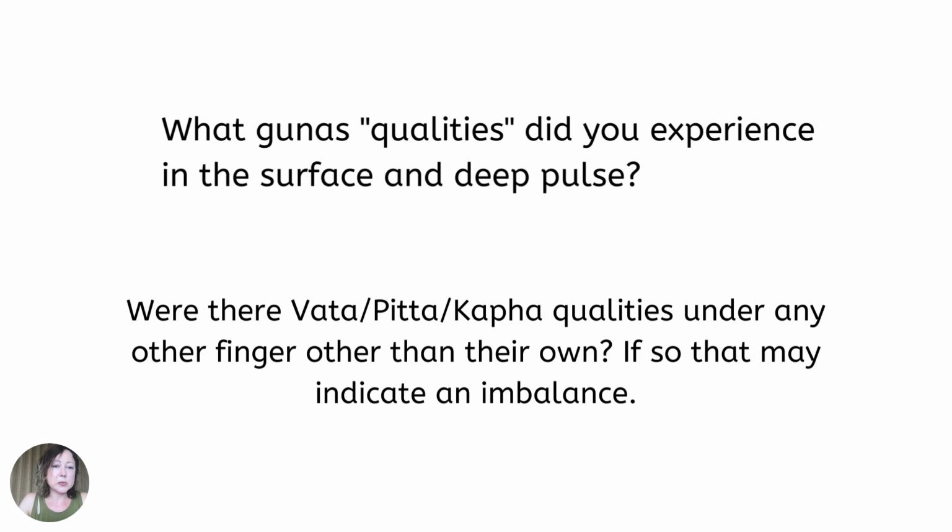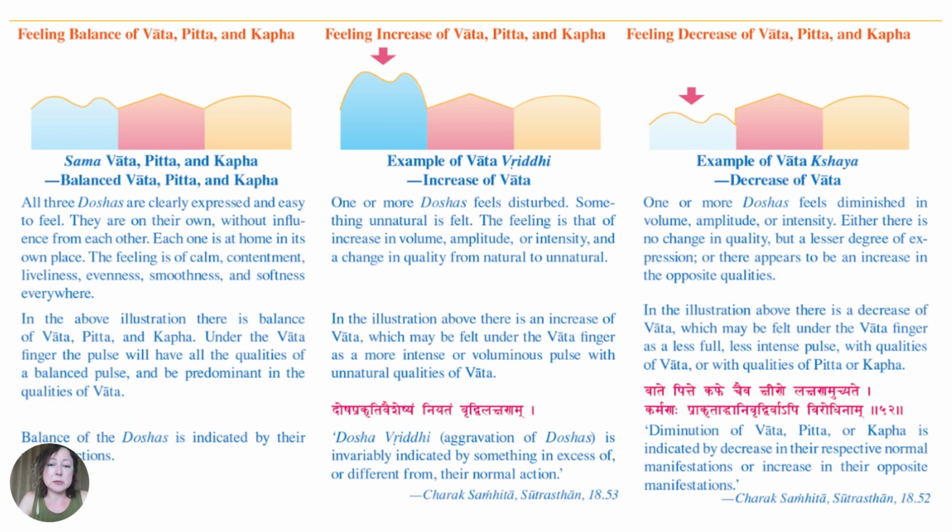So what qualities did you experience in the surface and deep pulse? Were there vata, pitta, kapha qualities under any other finger other than under their own? And if so, that may indicate an imbalance. Now, we are not going over much of the imbalance aspect today. We're going to save that for the next lesson.